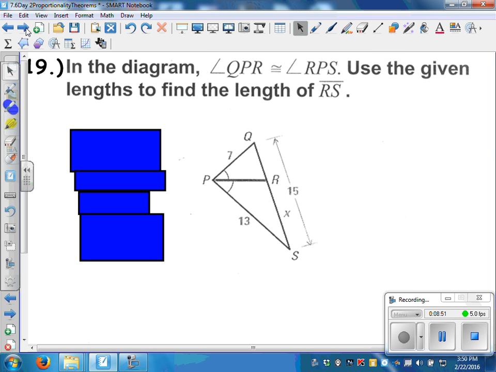The last problem, in the diagram, angle QPR is congruent to angle RPS, and they've already marked those. Use the given lengths to find the length of RS.